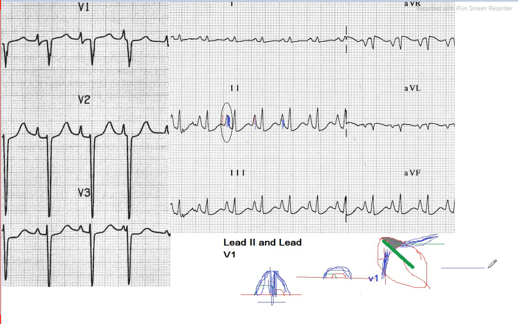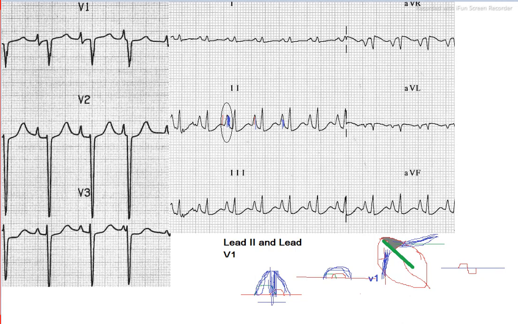When we draw that, suppose this is the isoelectric line. Let's say in V1, the right atrial depolarization will have a small positive deflection, whereas left atrial depolarization will have a small negative deflection. So it will be like a transverse S.